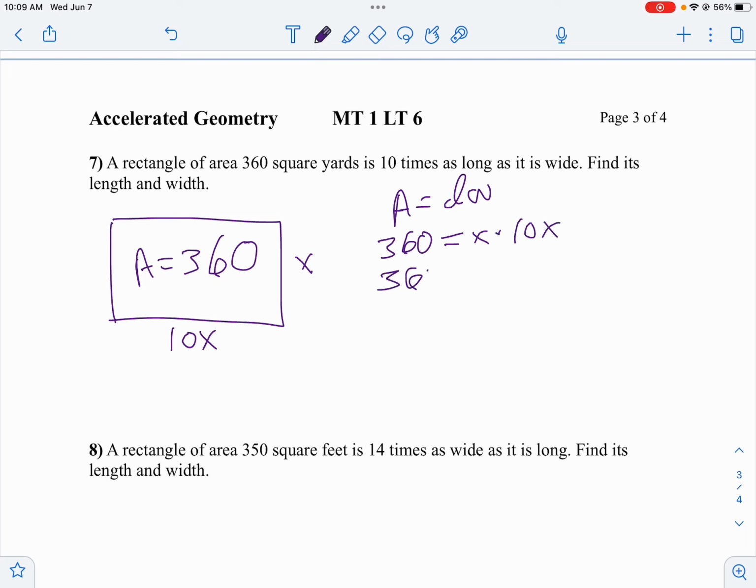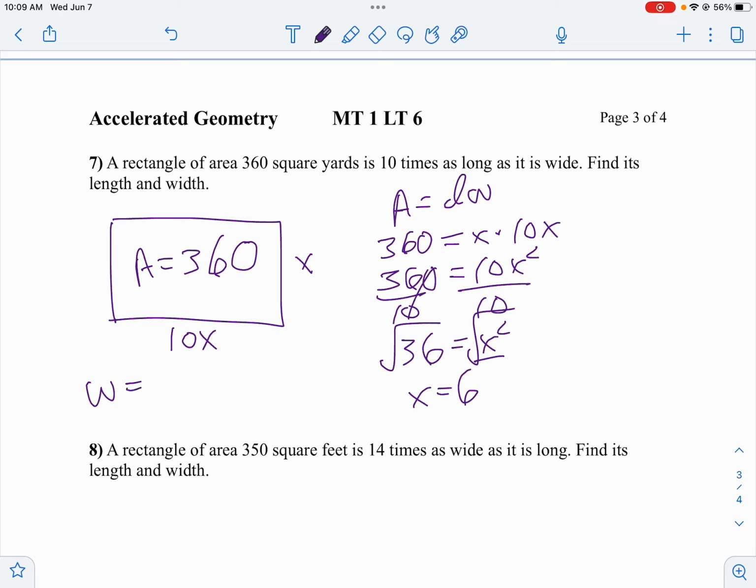We can simplify that a tad, so that would be 10x squared. Well, to solve for x, we'll divide both sides by 10. So 36 equals x squared. And I'll take the square root of both sides. x would be 6. And I want to find the length and the width. So I know my width is going to be 6 yards. My length is going to be 10 times 6, or 60 yards. Don't forget the units, because there are units in the problem.